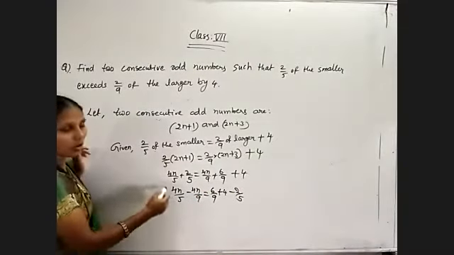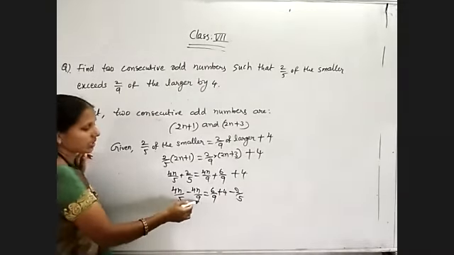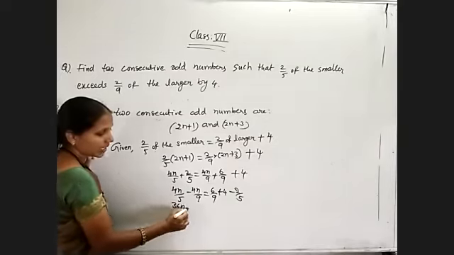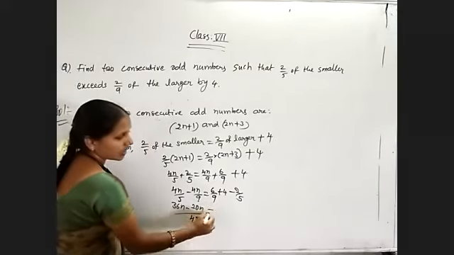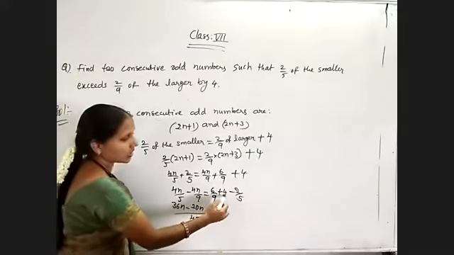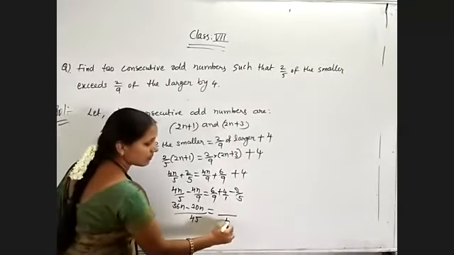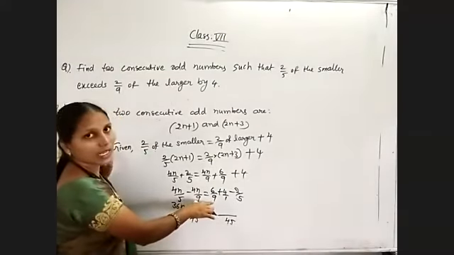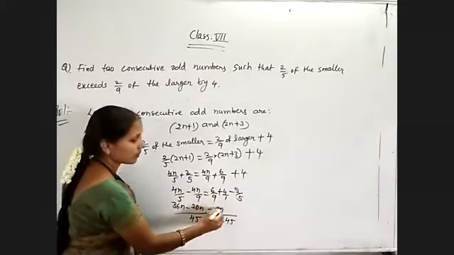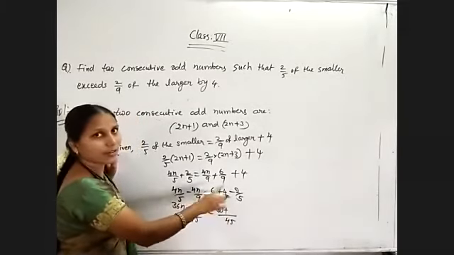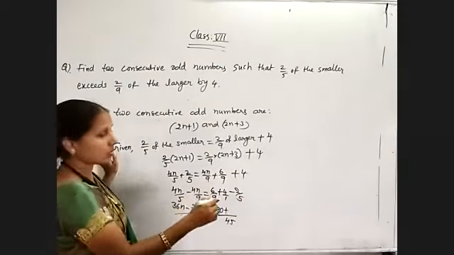That's all. So now go through with the cross multiplication. 4n is common. 9 4s are 36n minus 5 4s are 20n, divided by 9 5s are 45, is equal to, here take the LCM because 3 numbers we have: 9, 1, 5. 9 5s are 45 will be the LCM. 5 6s are 30, plus 1 into 45, 45 into 4 is 180.